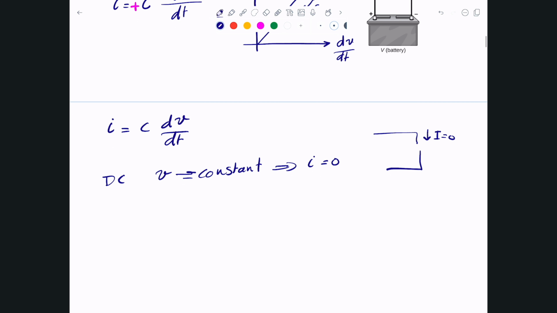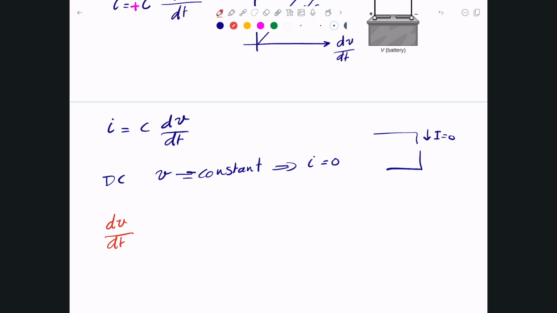All right, so the next thing: let's assume that the voltage is actually changing. Let's assume that the voltage just jumped from one value to another, like from 0 volts to 10 volts instantaneously with no delay whatsoever.